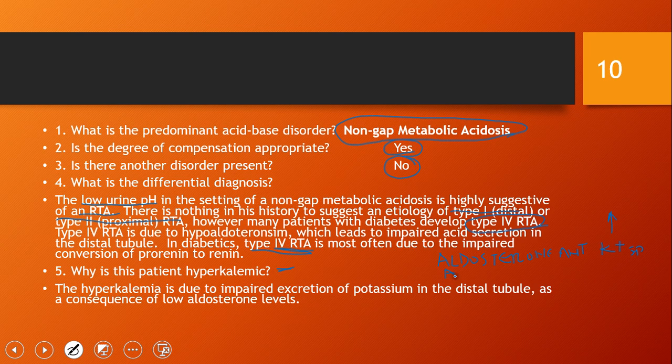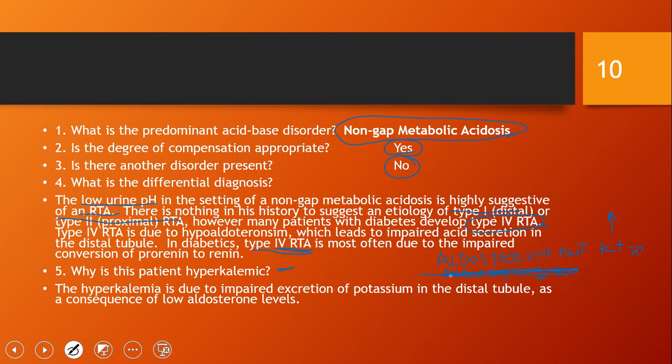So aldosterone itself actually decreases the amount of potassium. So if this guy is aldosterone deficient, which is kind of what happens, I think, in Addison's, that means he would be having almost the equivalent of taking an aldosterone antagonist, which means he's going to have high potassium.